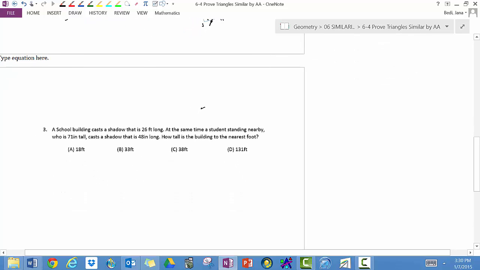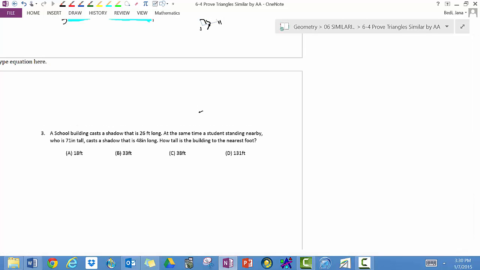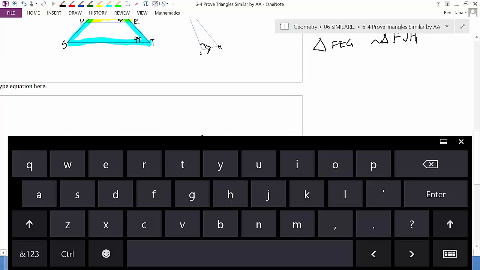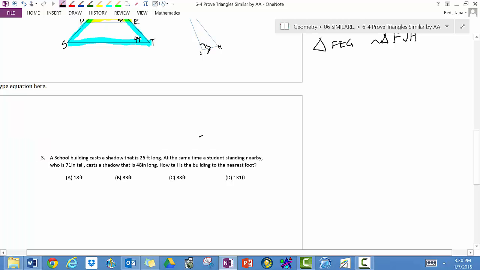Number 3 is a word problem, and I'd like you to do that yourself. What you should start off by doing is drawing a sketch, and maybe I'll start that off for you. Here's your building. The building will have a shadow on the ground, and hopefully your building is at 90 degrees.